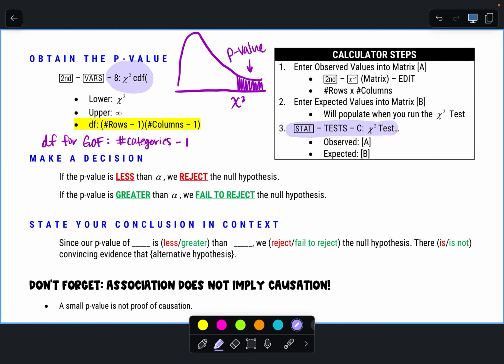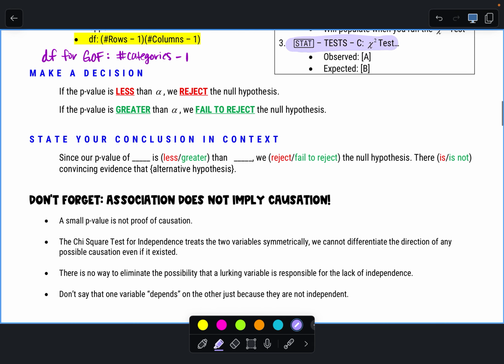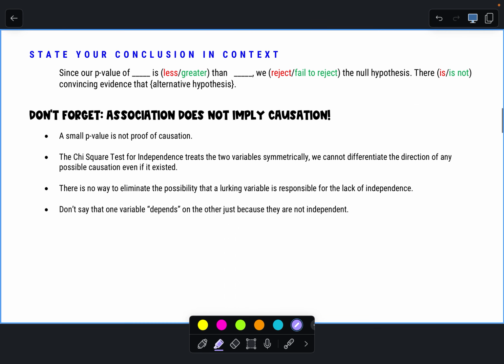So let's go in and let's talk a little bit about specific wording for independence. Just because there is an association, you cannot establish causation. So it's kind of like correlation is not causation. The only time you can establish cause and effect is if you absolutely know for sure 100% that there is nothing else going on that is contributing to this relationship.